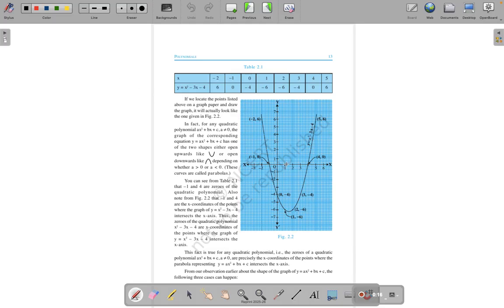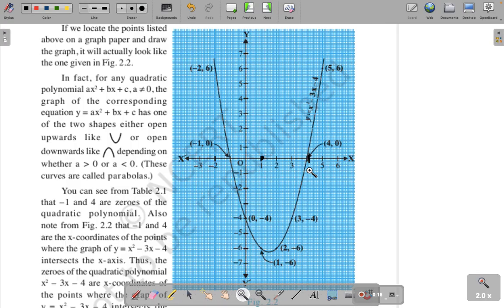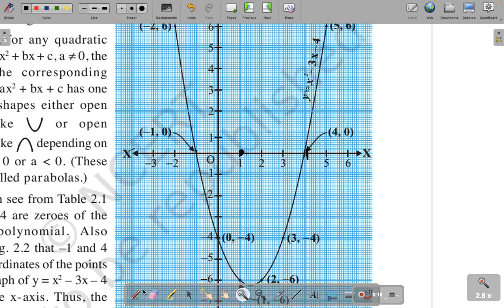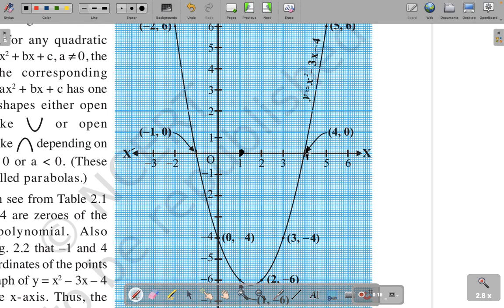If you look at this value of x, this is around 4, right? It is 0 when x is 4, and at the same time it is 0 when x is minus 4. So for two different values of x, it can have the same value. Similarly, at this point also you can see x has different values, but y has the same value.